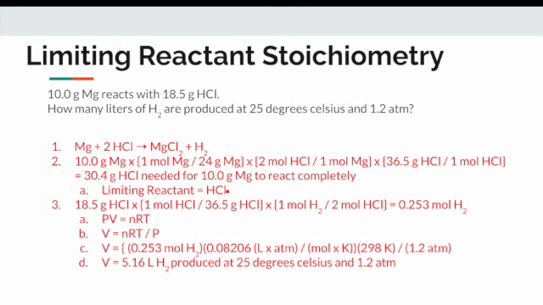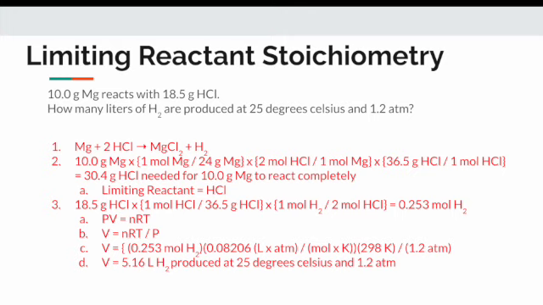Since we know the limiting reactant is hydrochloric acid, we want to use our proportions involving 18.5 grams of hydrochloric acid to then figure out how many liters of hydrogen gas are produced at 25 degrees Celsius and 1.2 atm. So let's set up some proportions. We have 18.5 grams of hydrochloric acid, and we can convert this using dimensional analysis with the GFM to find the number of moles of hydrochloric acid.